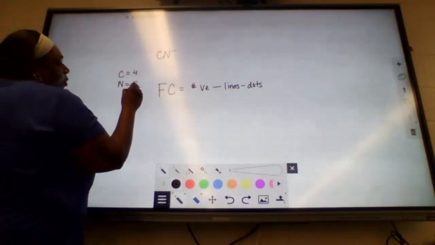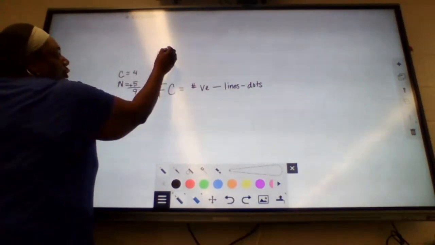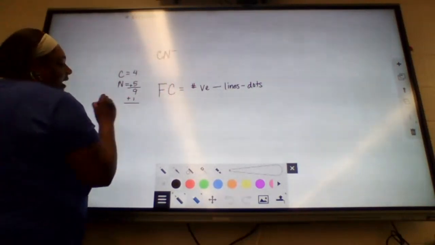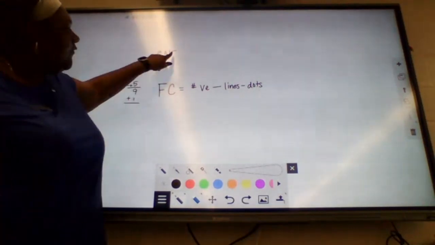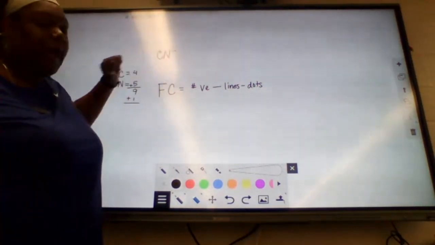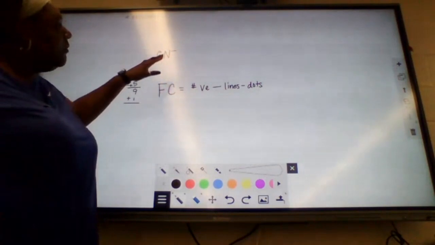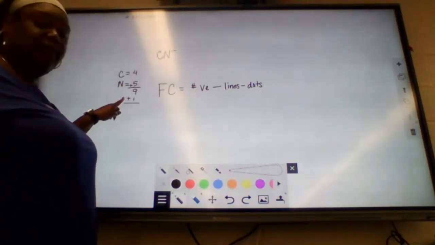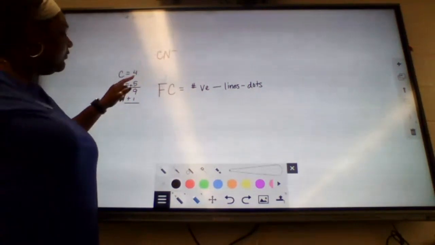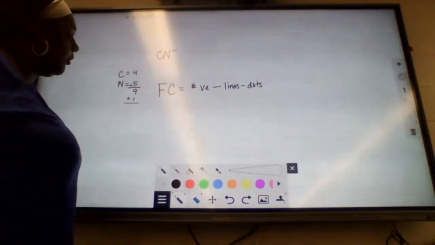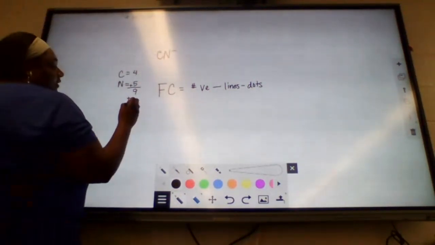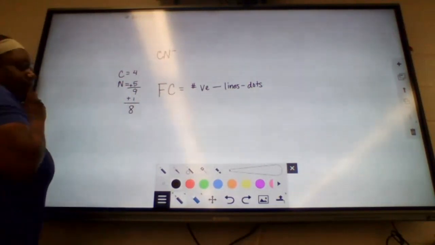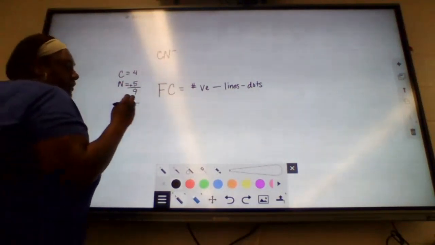When I create my pool, I've got 9, but you'll notice that there's a negative sign, so I have to add. Now, what if the charge on your ion is positive? Well, positive means that you've lost electrons, so instead of adding to your pool, you would have to subtract from your pool. All right, so with CN negative, I have a pool of 8 valence electrons.